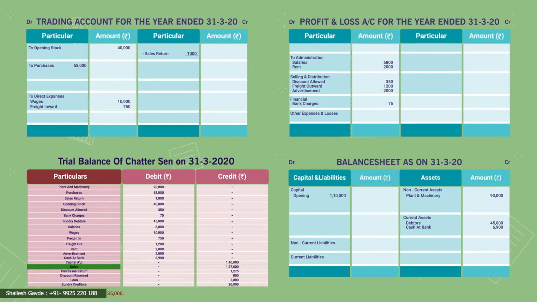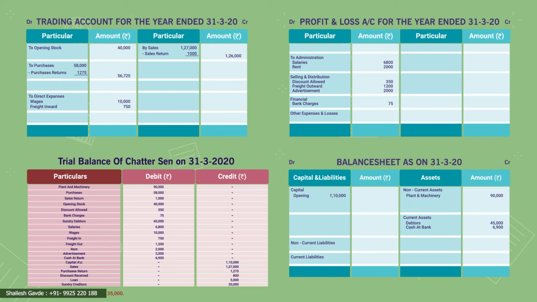Then we have sales, trading account, credit side, 1,27,000. Inner column, from that now sales returns 1,000 will deduct and in outer column we write the net amount. Purchase returns, again trading account debit side, will deduct from purchases and the net amount will be recorded in outer column. Discount received is our income.